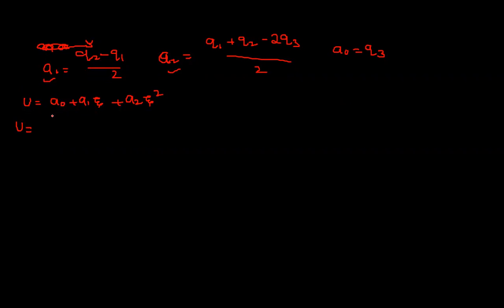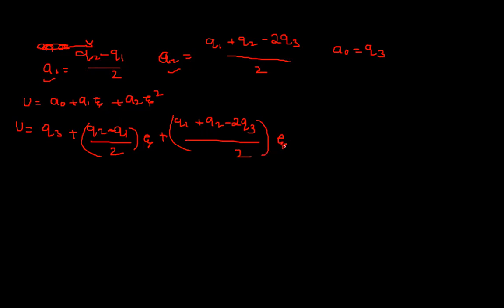If I put them here, it is possible to write the interpolation function u equals a naught, that is q3, plus a1, which can be written as q2 minus q1 divided by 2 times zeta, plus a2, which can be written as q1 plus q2 minus 2 times q3 divided by 2, into zeta square.